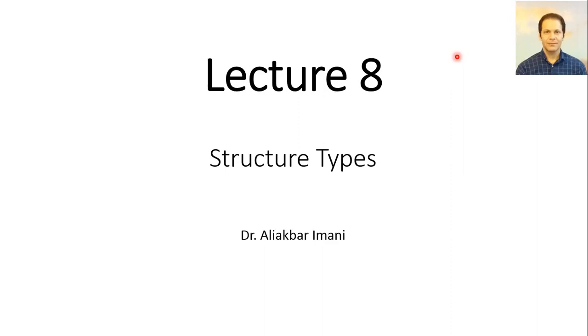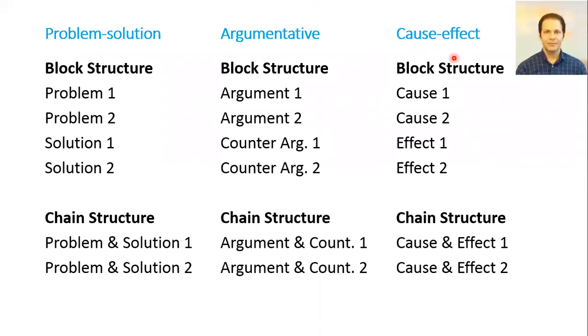In Lecture 8, I will be discussing different structure types that you can use in your paper. First, there are two different types of structures, block structure and chain structure.